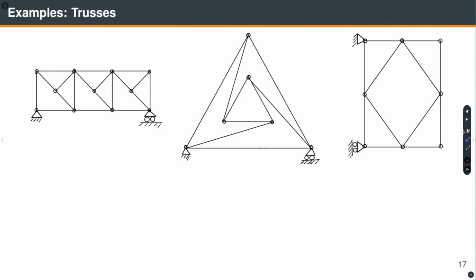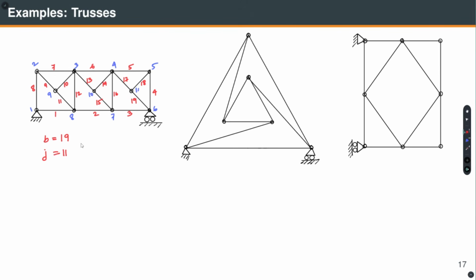In the first example, how many members are there? B is equal to 19, I have taken too many. The number of joints J is equal to 11.